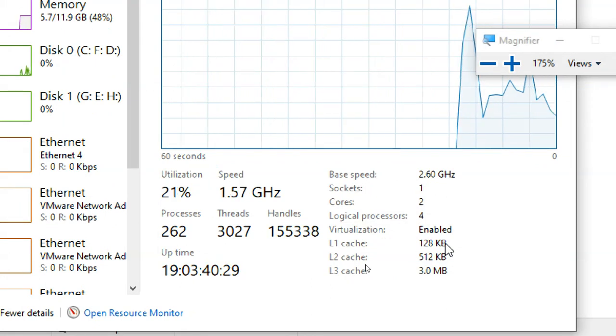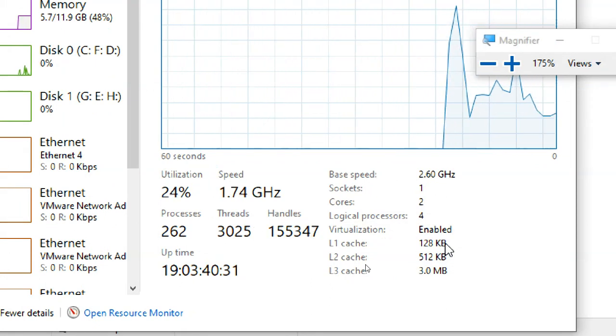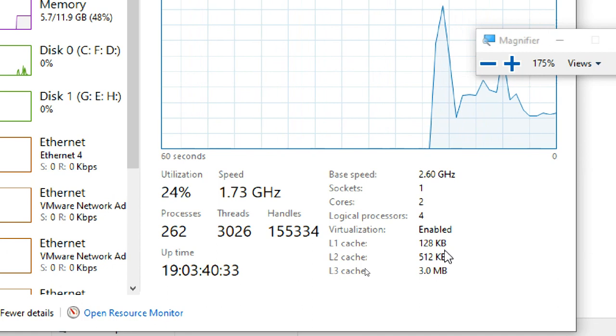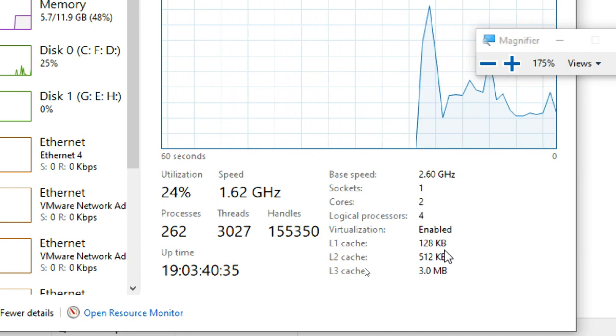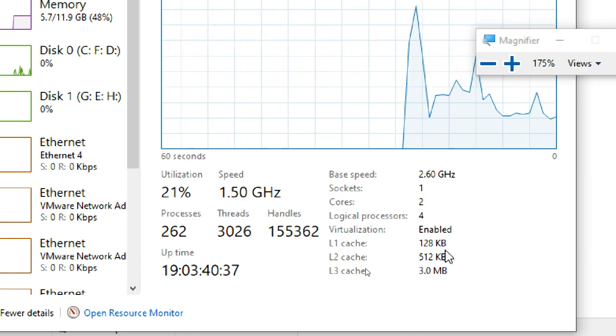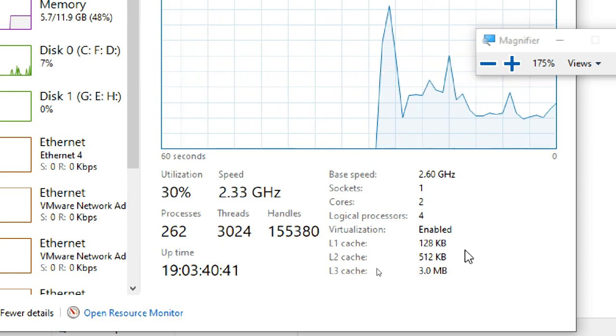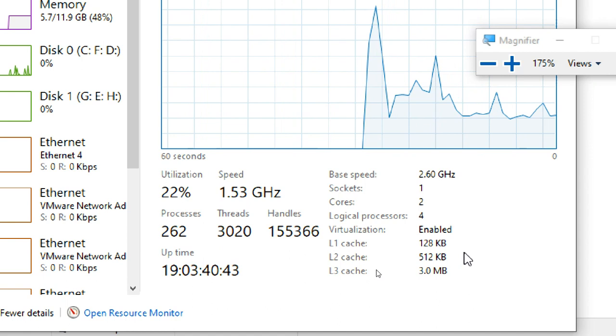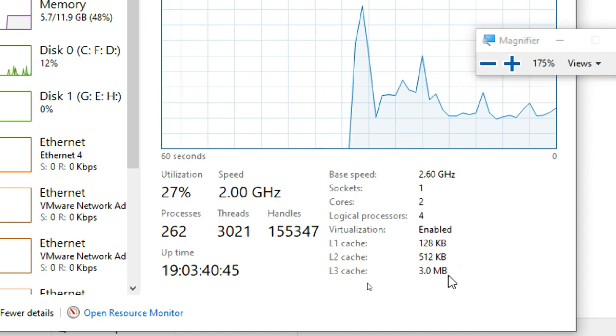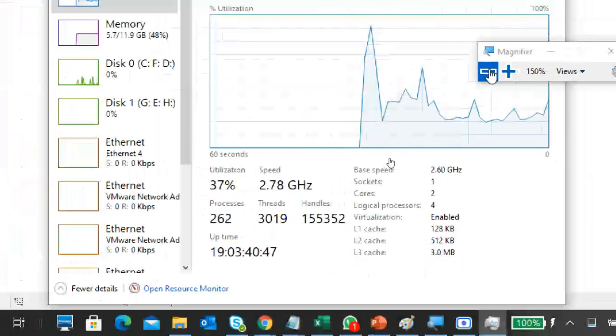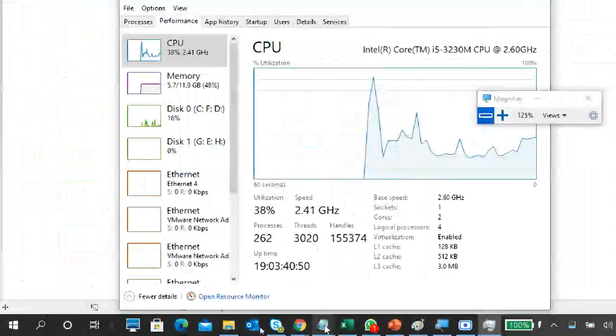It means 64 KB for instruction cache, 64 KB for data cache. Very small size, but it is very high speed because it is very near to the CPU. On the other layer, it is L2 cache 512 KB and L3 3 MB cache memory.